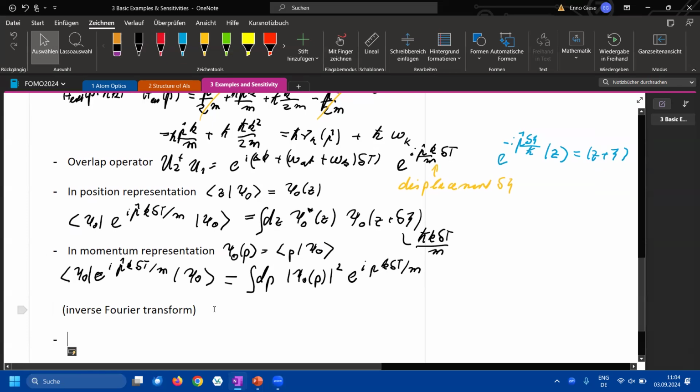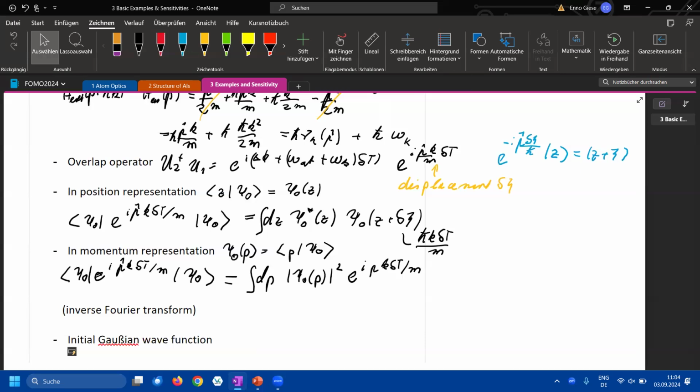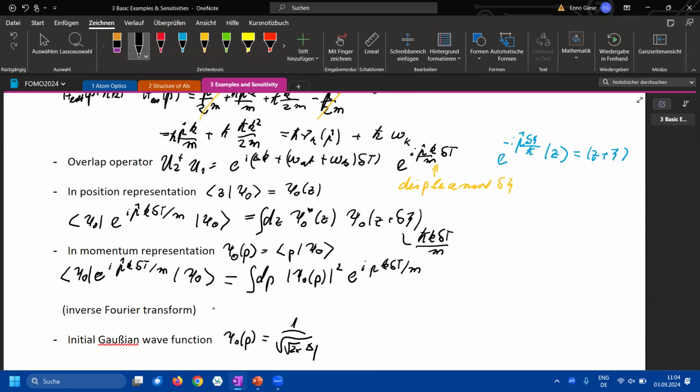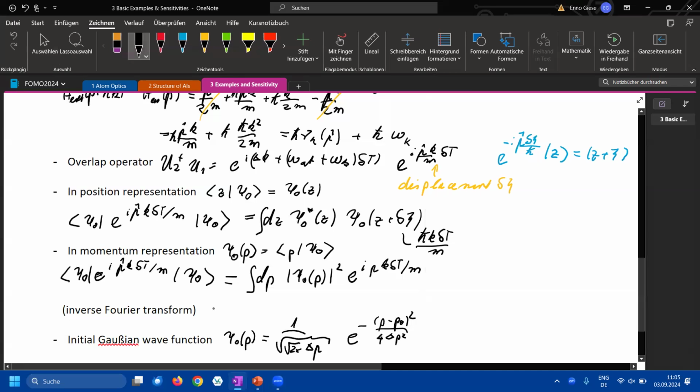Okay, and of course, let's just assume an initial Gaussian wave function. So we just say psi naught of p is equal to 1 over the square root of 2 pi delta p, because if we know one thing, we know how to Fourier transform Gaussians, and e to the minus p minus p naught squared divided by 4 pi delta p squared, because we want a Gaussian for its modulus square.